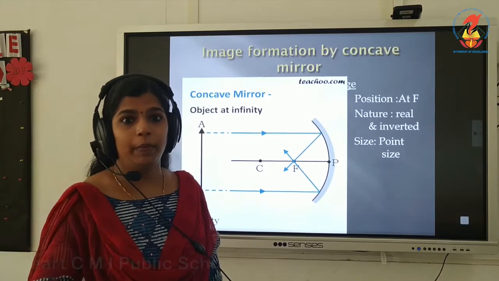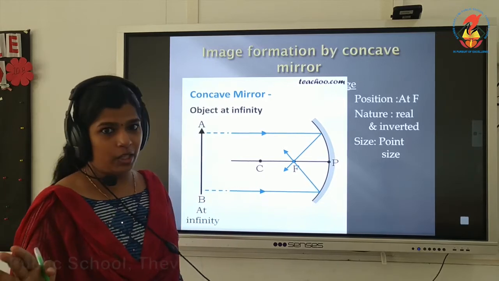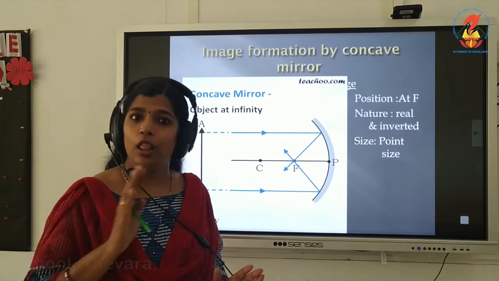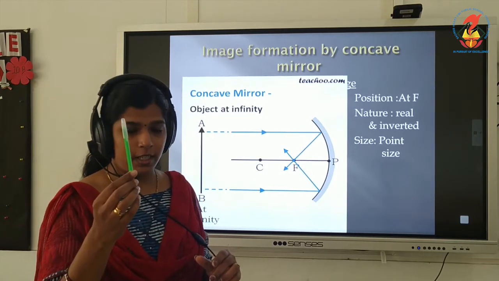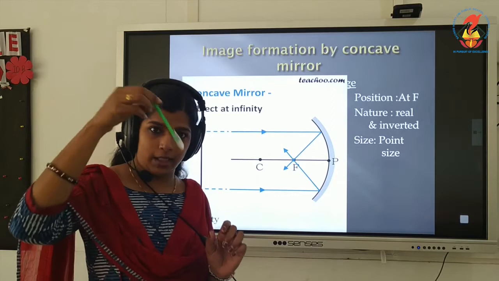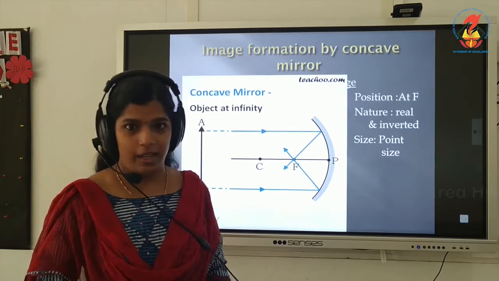A real image is always inverted. Suppose the object is like this, its image will be like this, inverted.